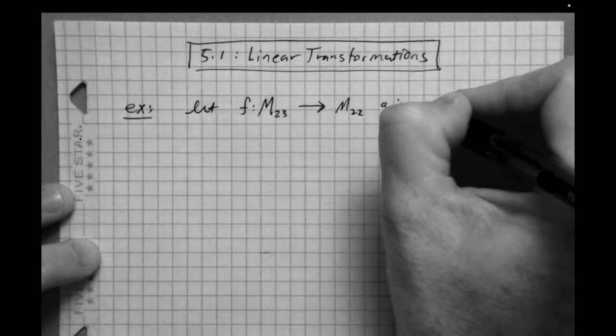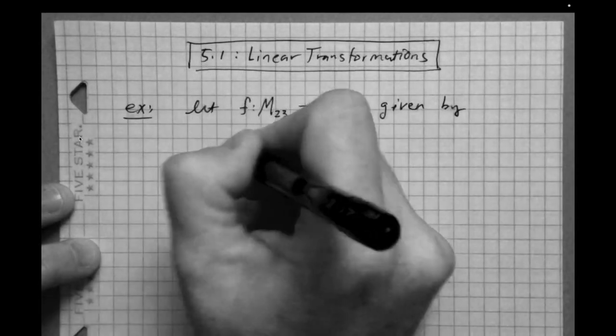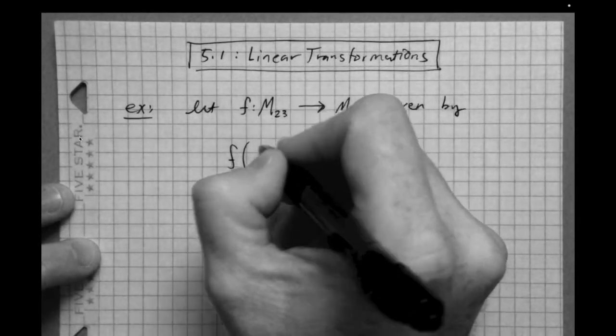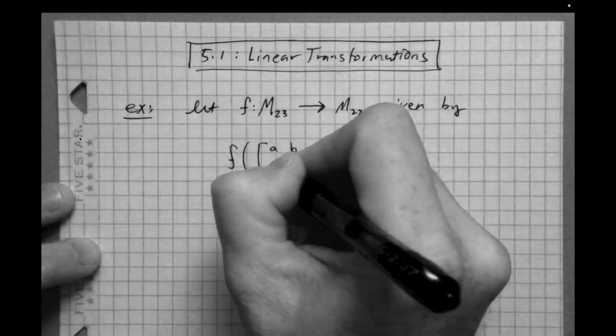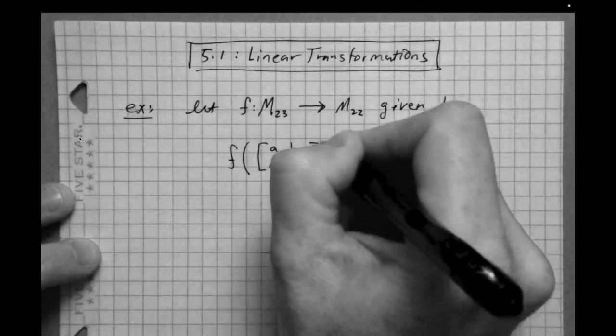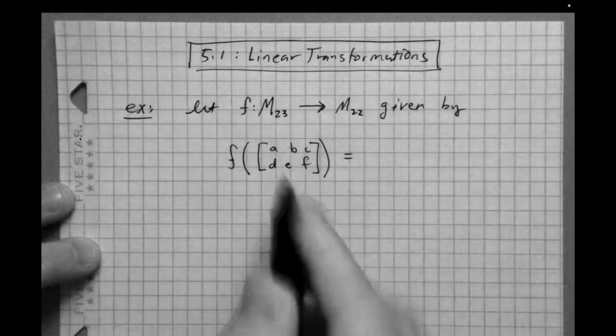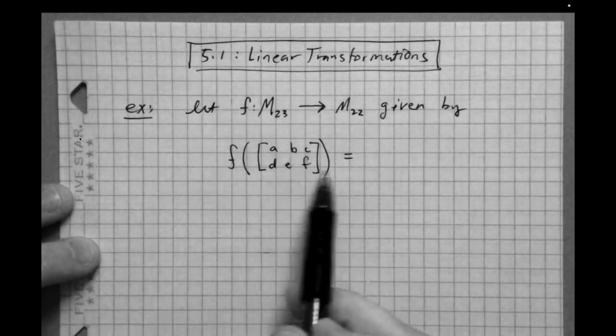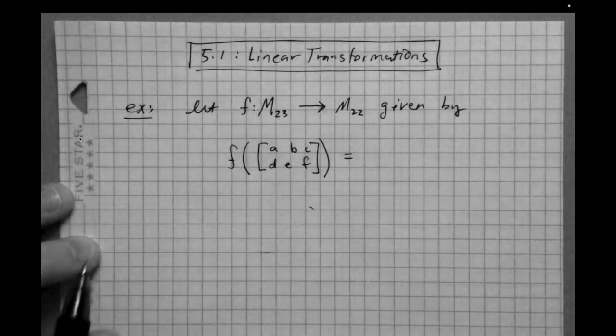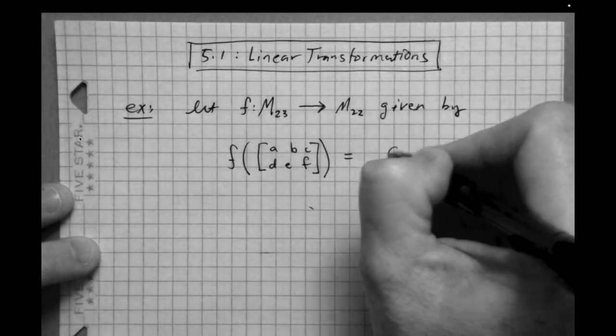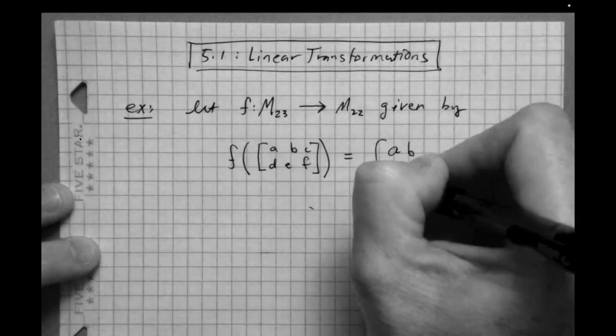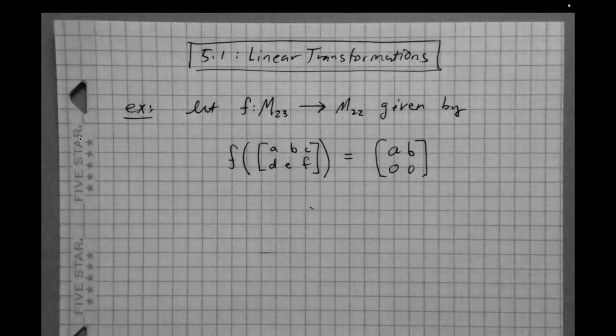We'll say this is the function given by: if I take f of my matrix A, B, C, D, E, F, once I start with this 2 by 3 matrix and apply f to it, what I get out is A, B, 0, 0. So f in this case is a function that maps one vector space, namely M23, into another, M22.